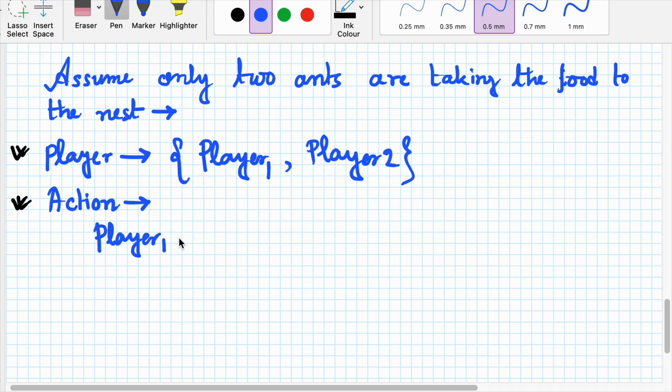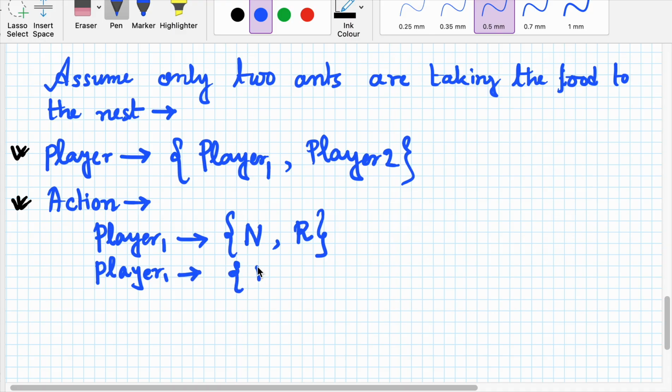We are saying that only two actions are there: either pulling toward the nest, which I indicate by n, the direction of exerting force toward the nest, or by r I am representing exerting force in a random direction. Similarly, player 2's actions are the same, n and r.